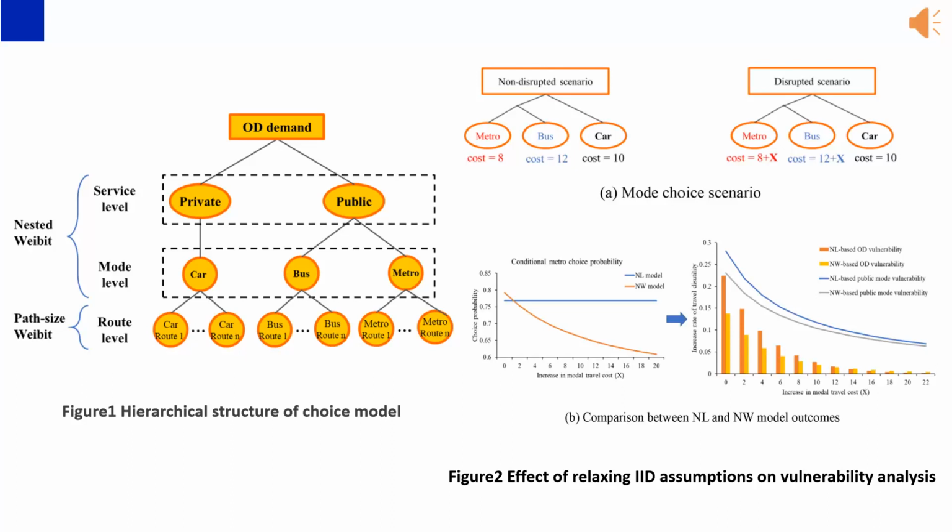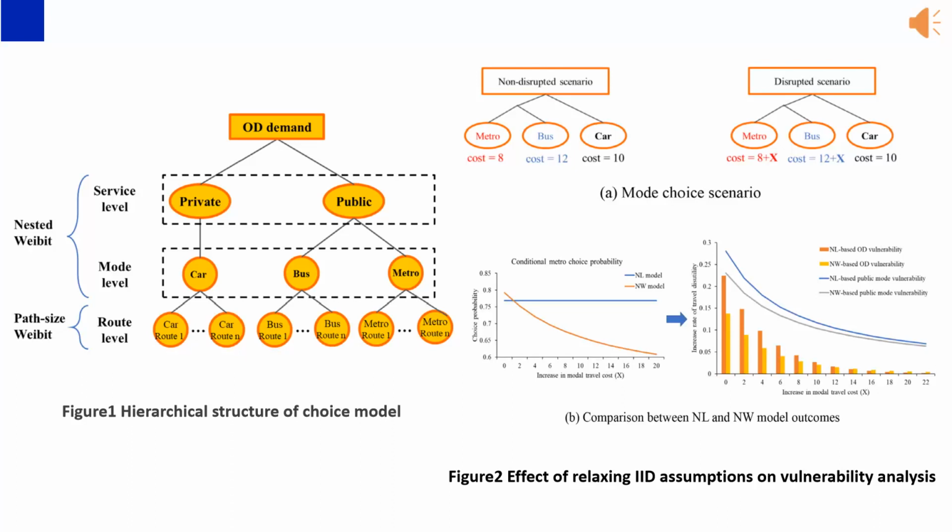The NL model, which addresses the mode similarity issue by considering modes belonging to the same service type in the same nest, is an appropriate approach to investigate such mode choice behavior, and has been widely applied to the mode choice problem. In this study, the nested structure of the widely used NL model is adopted for the weibit case.